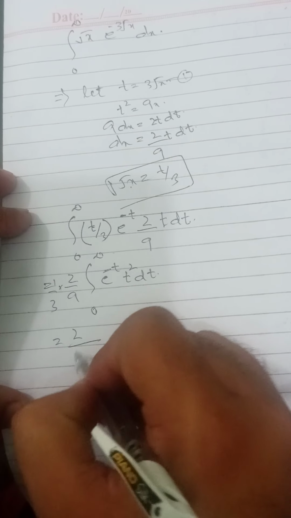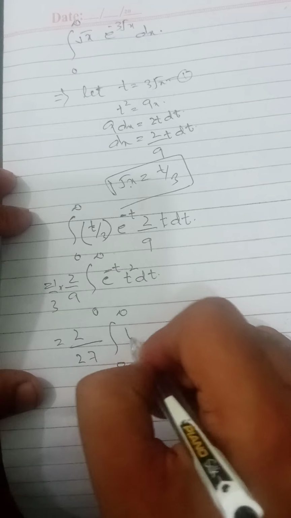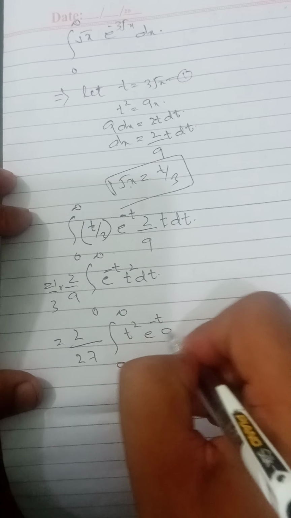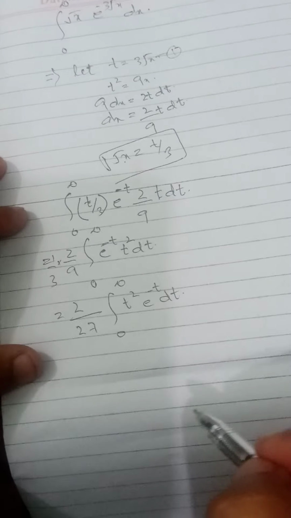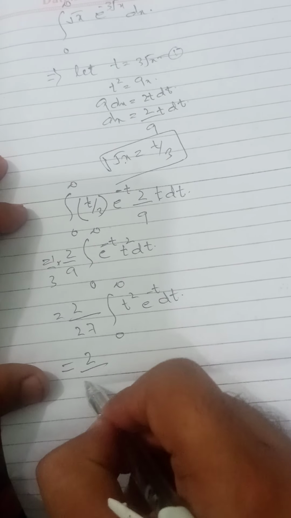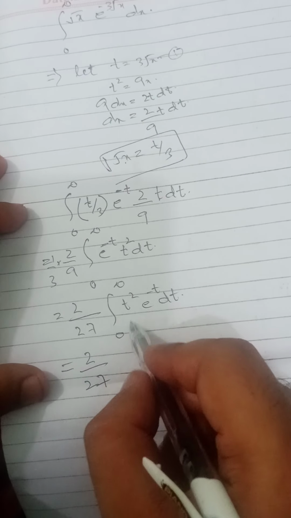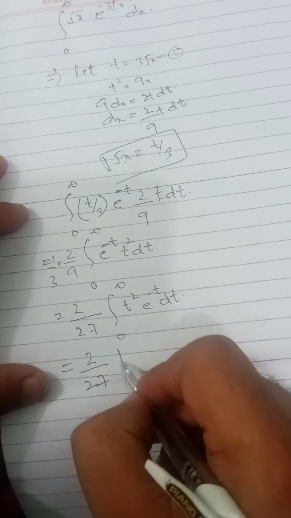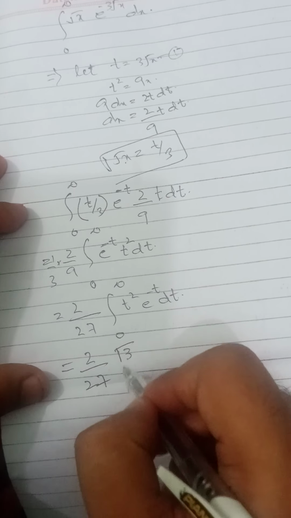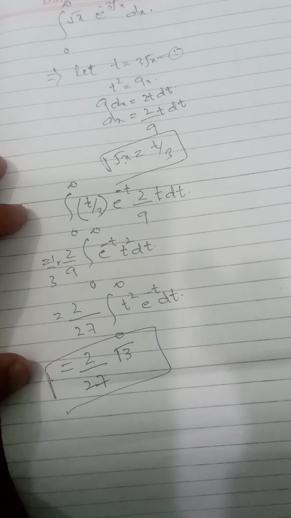So 2 divided by 27, the integral from 0 to infinity of t squared e to the power negative t dt. This is a gamma function representation. So it is equal to 2 by 27 gamma of 3.